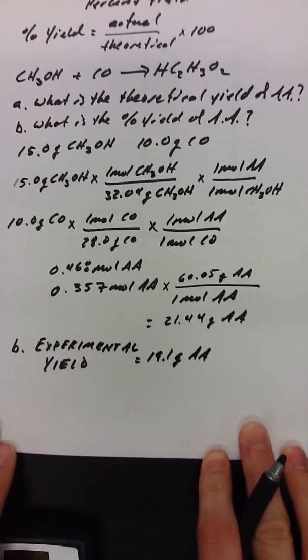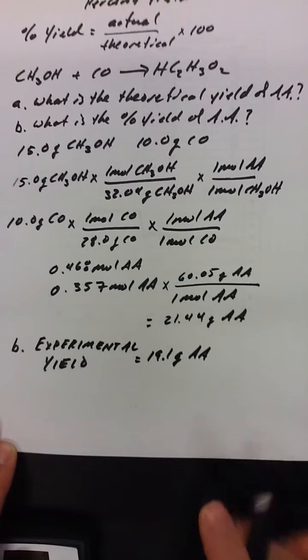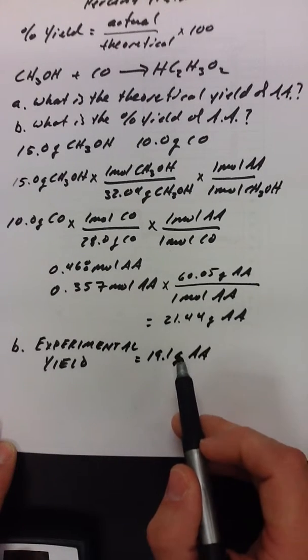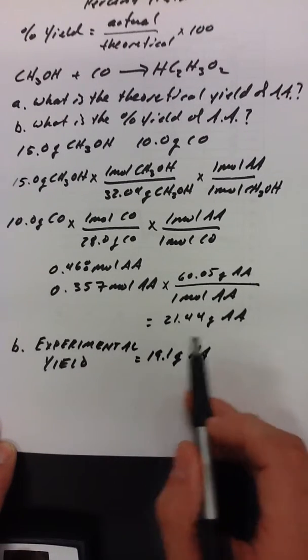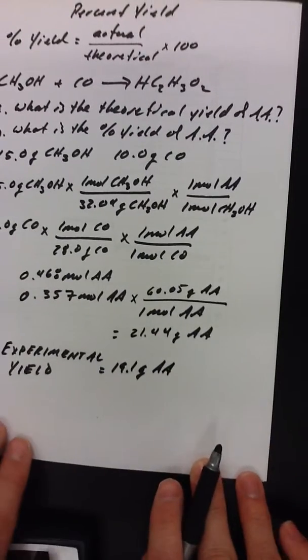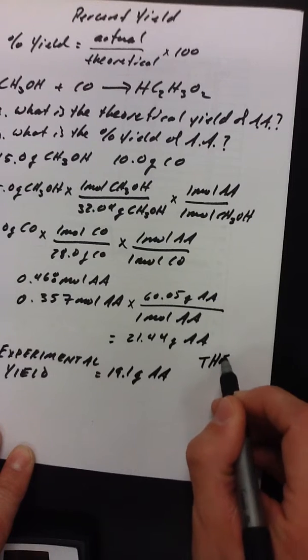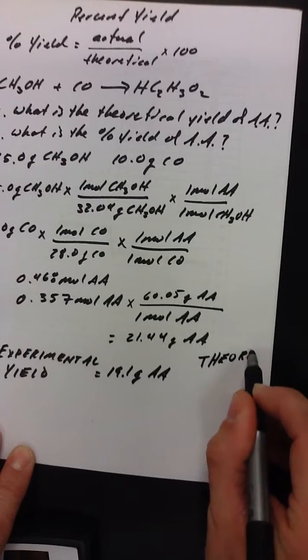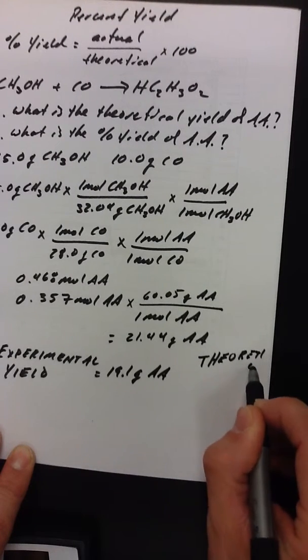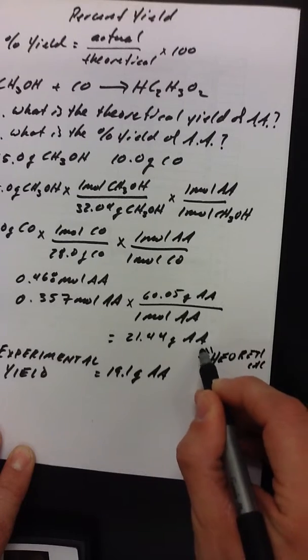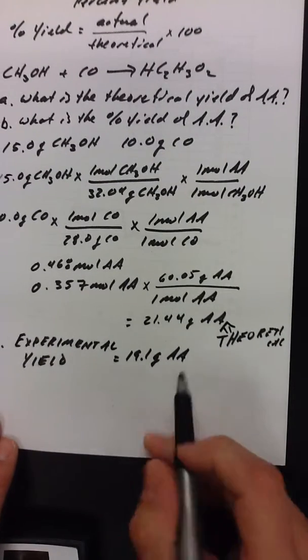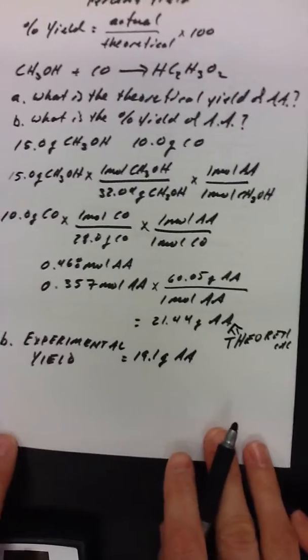So now, in order to find the percent yield, we literally just plug and chug between our actual yield and then the theoretical yield. I guess I should label that, huh? So this one is the theoretical. Ran out of room. That's our theoretical yield right there. And then this right here is our actual or our experimental yield.